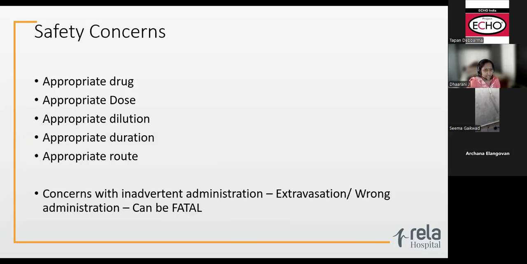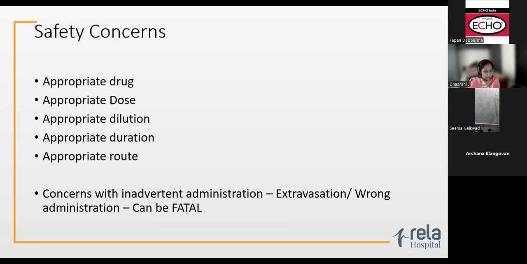What we do every day is most important. So, the safety concern. Chemotherapy ordering has to be very meticulous so that we know that we are giving the appropriate drug at the appropriate dose and dilution, over the appropriate duration and with the appropriate route to the patient, because we cannot have even a 1% margin of error with these drugs.